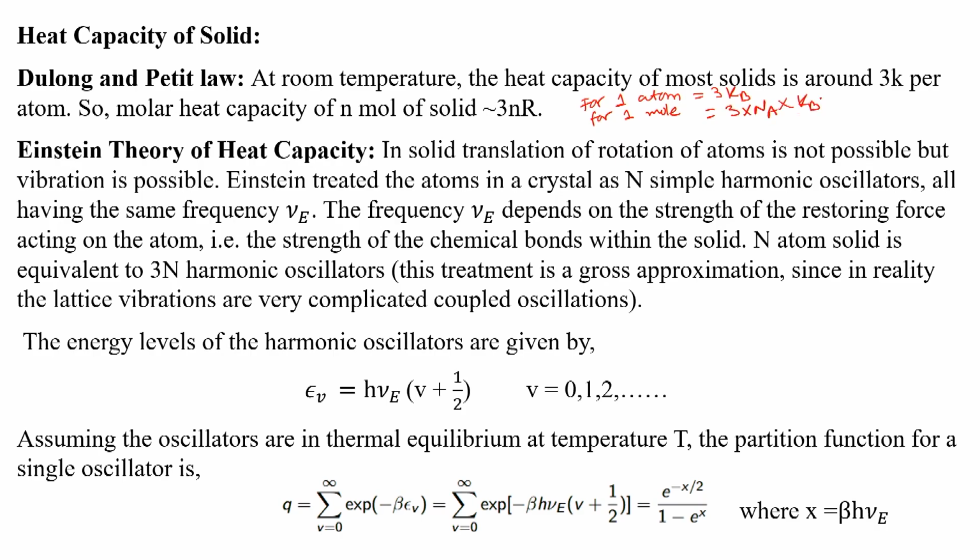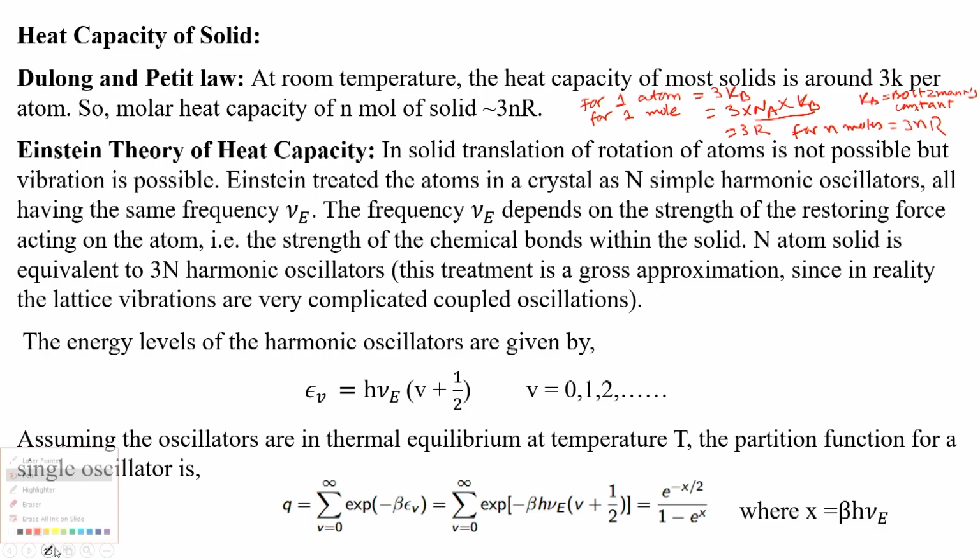Na is the Avogadro number, Kb is the Boltzmann constant, okay, and Na is the Avogadro number. So Na times Kb gives 3R, so this is for 1 mole, and for n number of moles we get 3nR, right? So that's what.